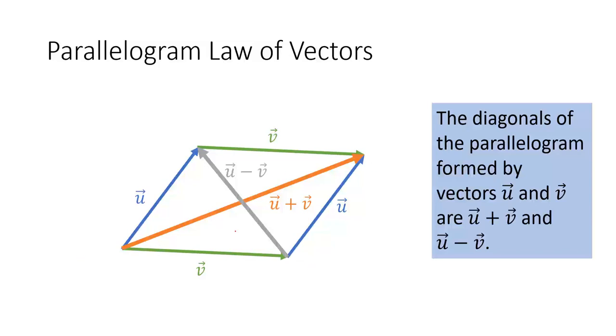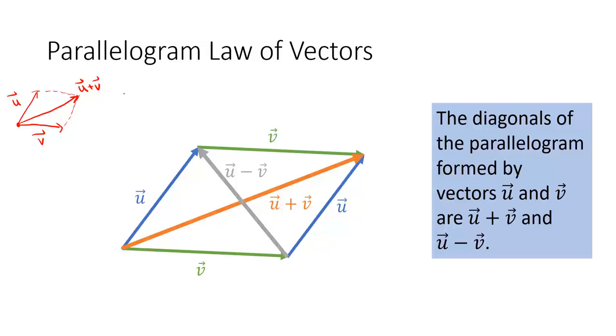Okay, so this graph may be a little bit complicated for you, but you just want to think about two vectors here, u and v. If they start at the same initial point, then u plus v is going to be this diagonal, starting at the same initial point. Okay, that's our parallelogram law.